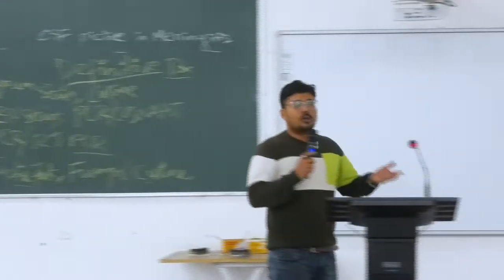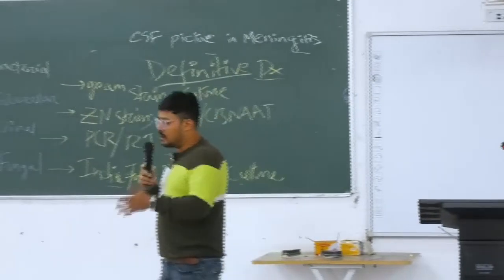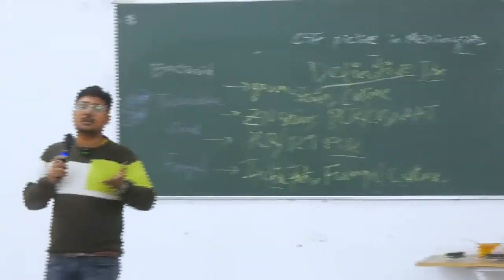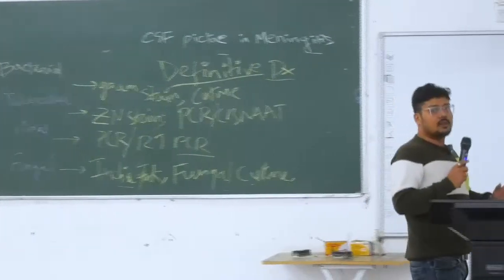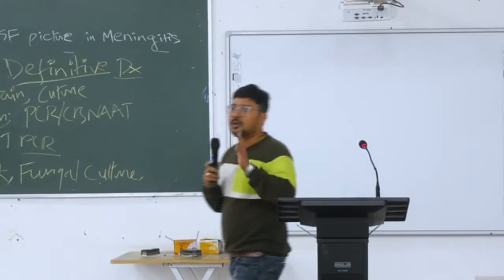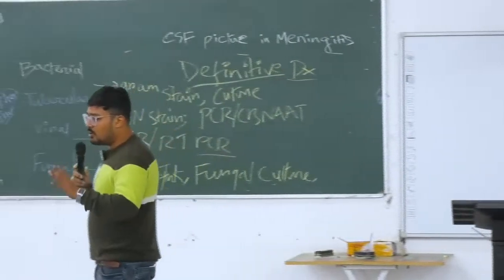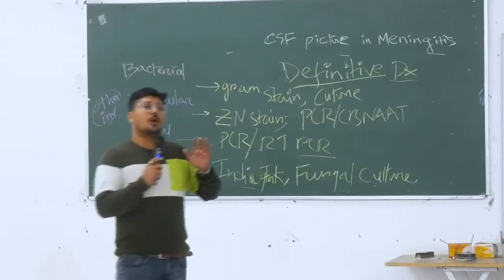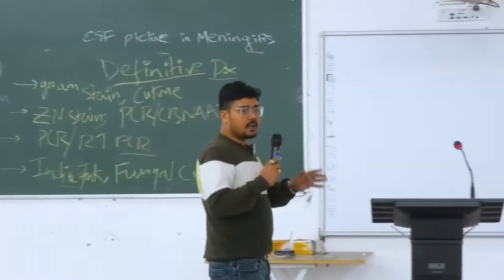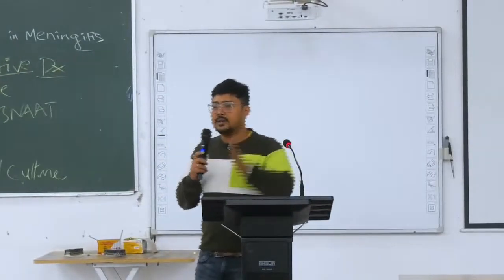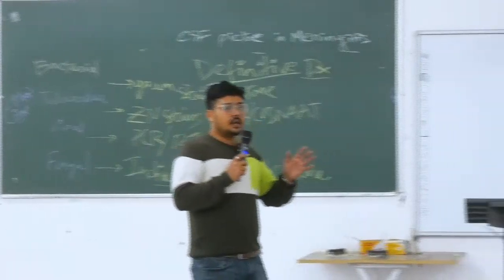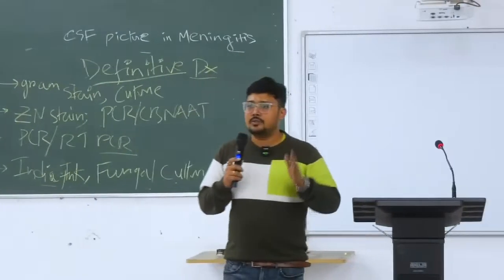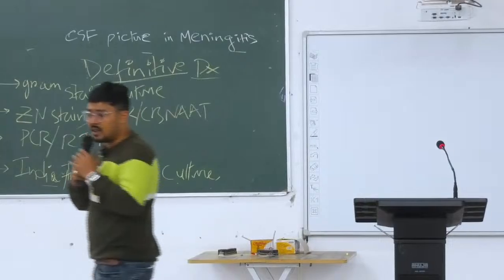We need to know which cell population will be increased, whether protein will be increased or not, whether sugar will be decreased or not, and finally, for definitive diagnosis of the etiological agent, we need to do either gram stain or ZN stain or India ink preparation, bacterial culture or fungal culture, and polymerase chain reaction for better quantitative diagnosis of the etiopathological agent. Okay, thank you.